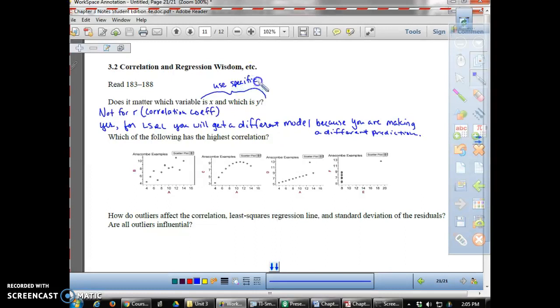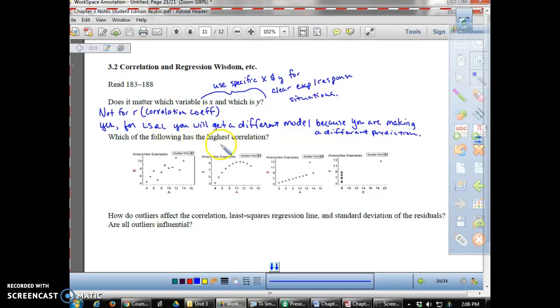Use your specific x and y for clear explanatory/response situations. An example of that would be on the quiz that we took. We had, I think, the weight of the car and the fuel efficiency of the car, and most definitely the weight was explanatory and the fuel efficiency was the response.